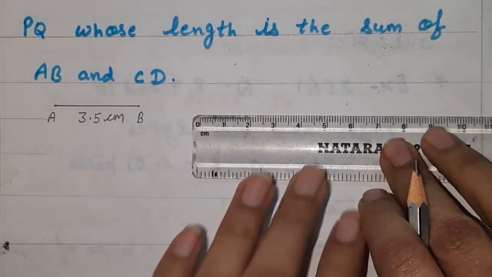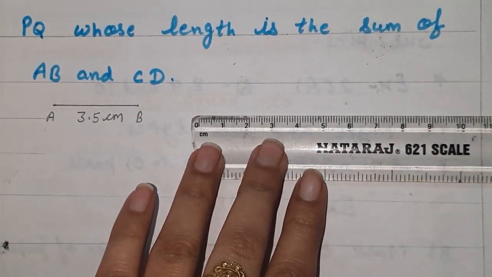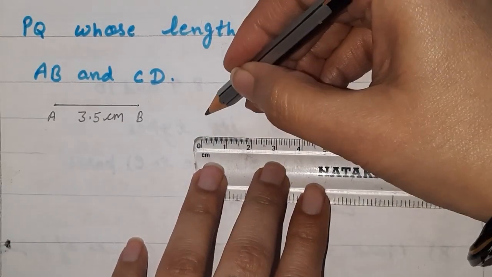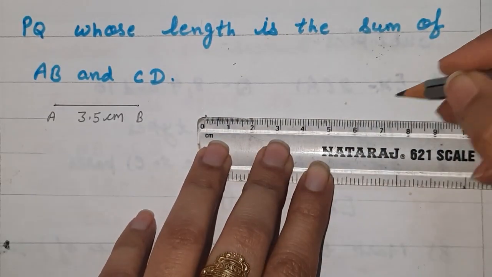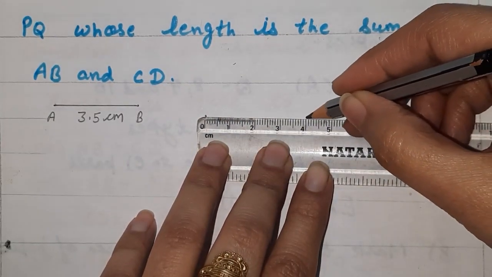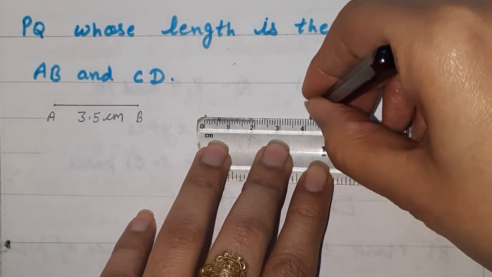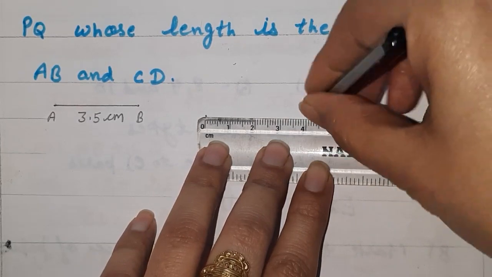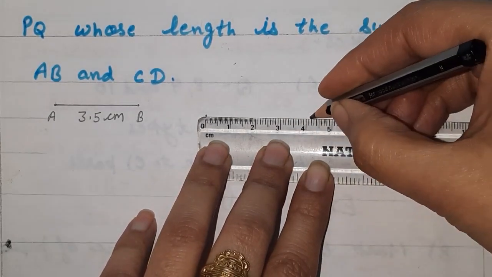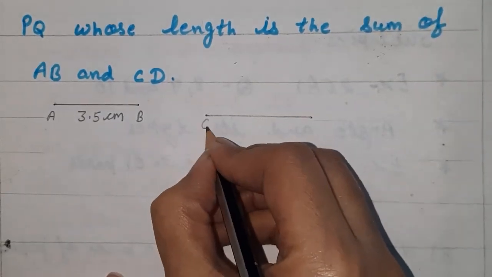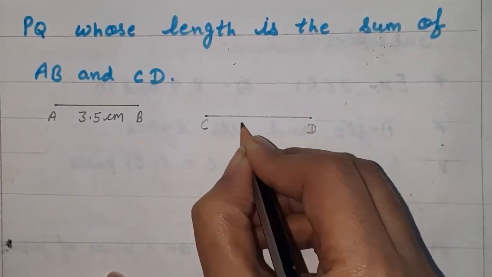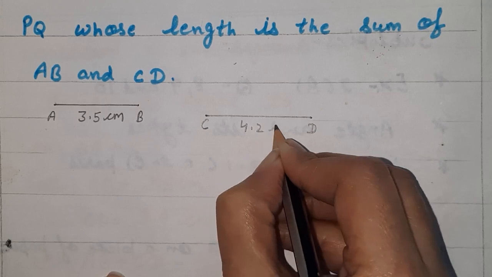And now CD. How much? 4.2. Mark the point. Put 0 of the scale. 4 and after 4, 2 small divisions. Mark the other point and now join. Its name is CD, 4.2 centimeter.